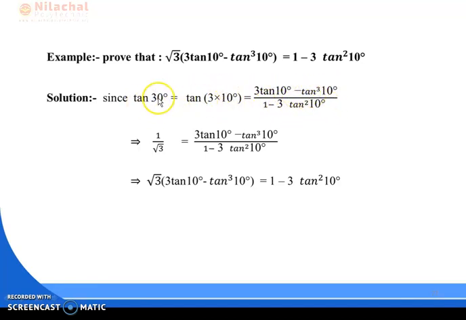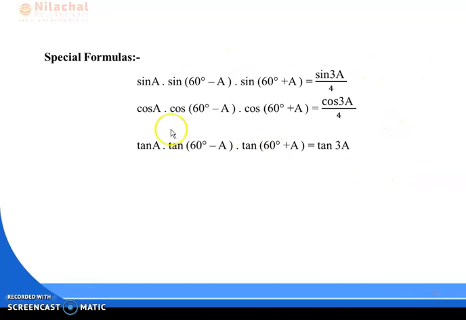We know that tan 30 degree equals 1 by root 3, and this side is 3 tan 10 degree minus tan cube 10 degree whole by 1 minus 3 tan square 10 degree. You just cross multiply each other, then what do we get now? On the LHS side root 3 into 3 tan 10 degree minus tan cube 10 degree, and on the other side 1 minus 3 tan square 10 degree. Here we have proved our example question.